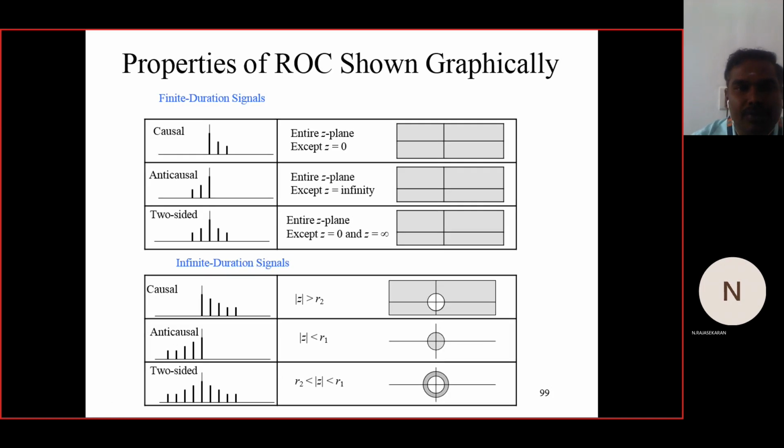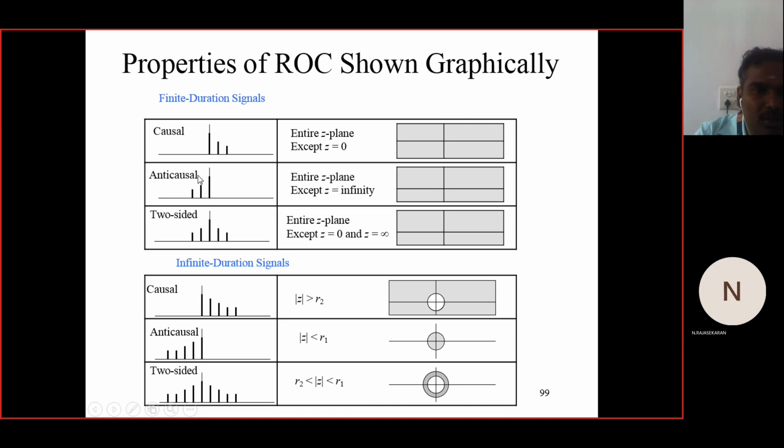So this is the property of the ROC shown graphically. This is a causal, anti-causal and two-sided system. The entire Z plane except Z equal to 0, the entire Z plane except infinity, and the entire Z plane except Z equal to 0 and Z equal to infinity. So this is a causal system, which is represented by a right-handed sequence.